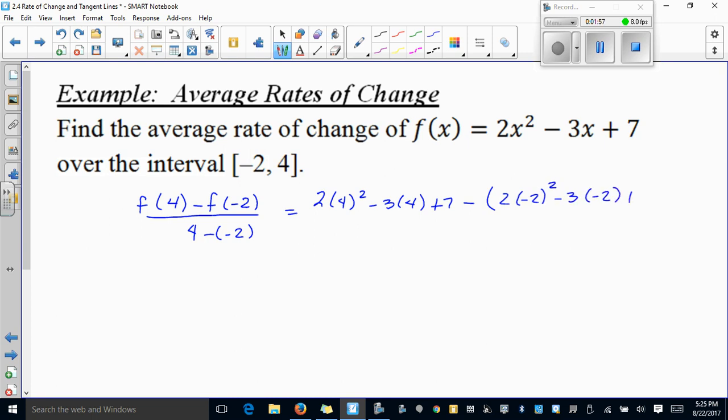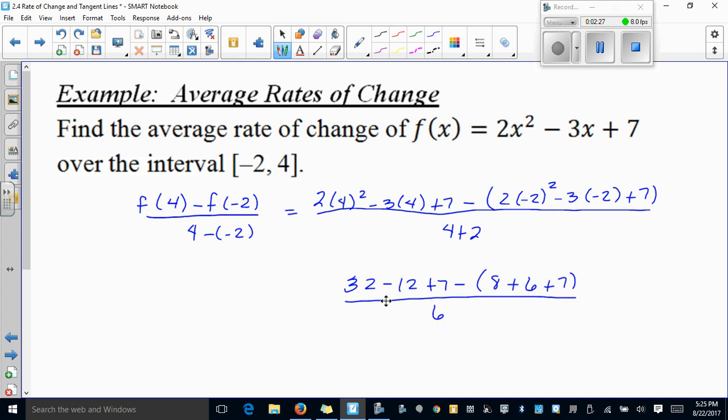So 4 squared is 16, times 2 gives me 32, minus 12, plus 7, minus: 2 squared is 4, 4 times 2 is 8, plus 2 times 3 is 6, plus 7, all over 6. 32 minus 12 is 20, plus 7 is 27.